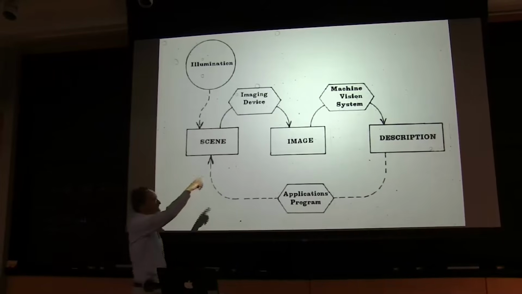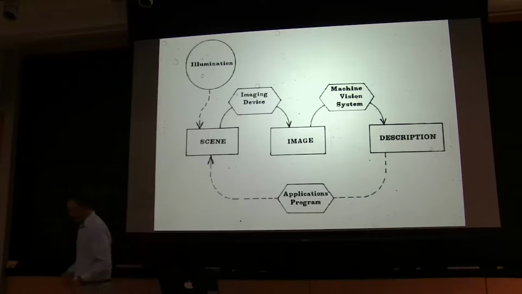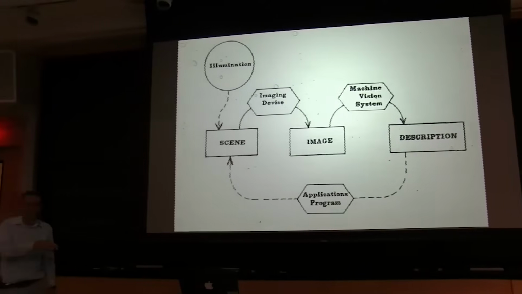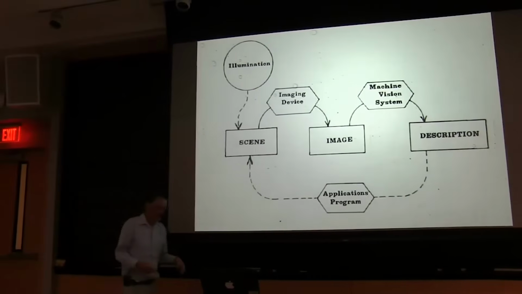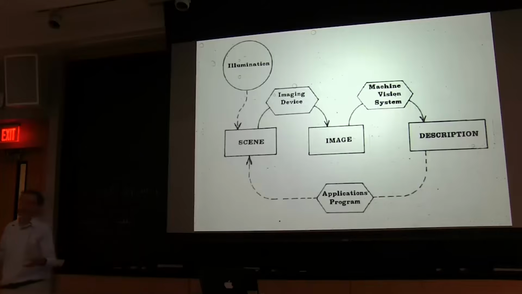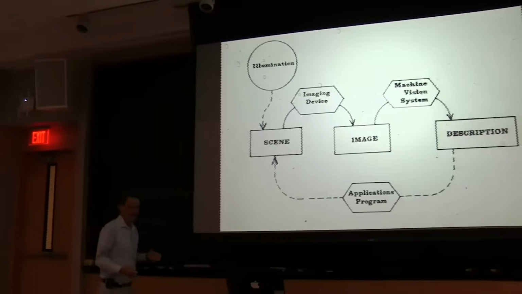And then our job of the machine vision system is to build a description. And it becomes interesting when you then use that description to go back and do something in that world. And so in my view, some of the more interesting things are robotics applications where the proof of the pudding is when you actually go out and the robot grabs something and it's grabbing it the correct way. That's one way you can know.